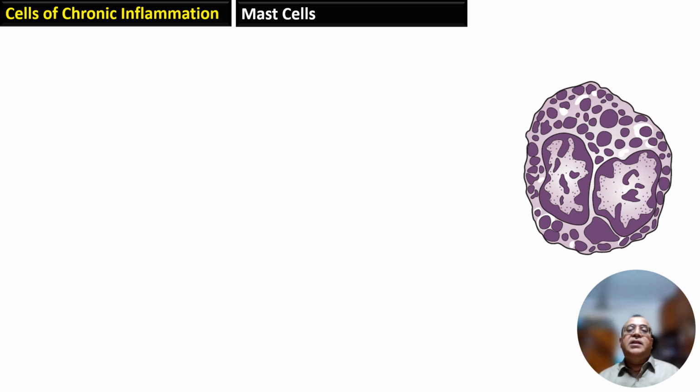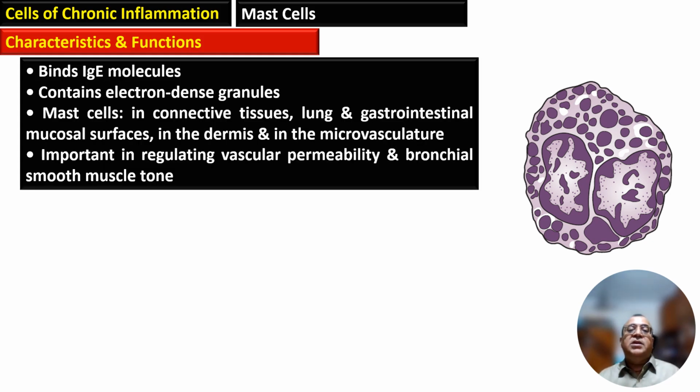Another important cell in the chronic inflammation are mast cells and basophils. The basophils are the least common leukocyte that are present in the blood, and they can migrate into the tissue to participate in immunological response.